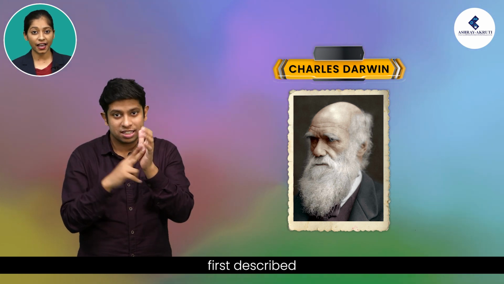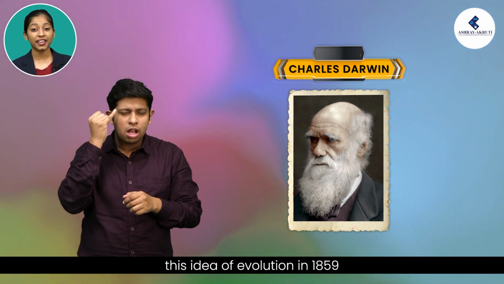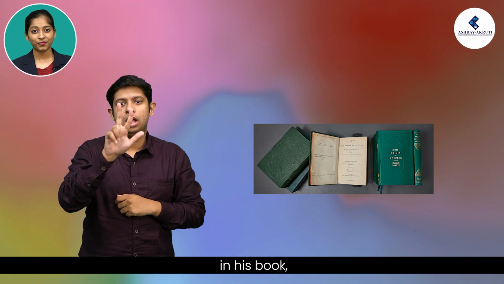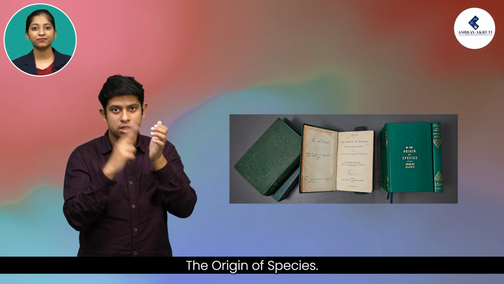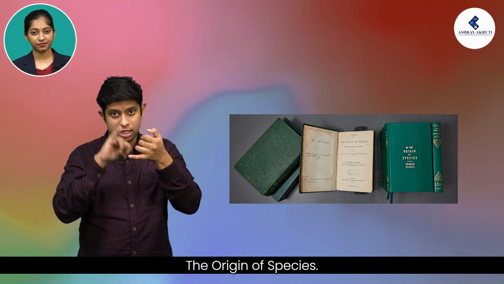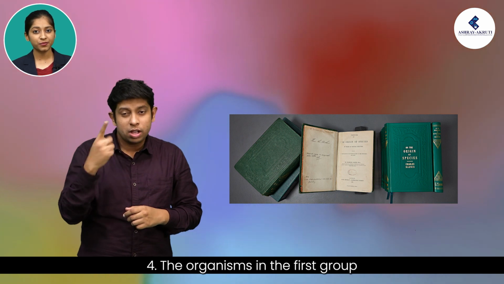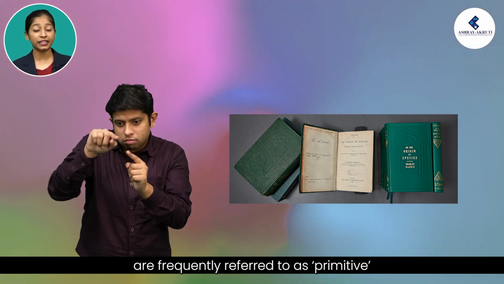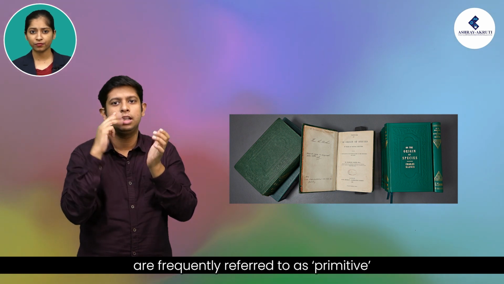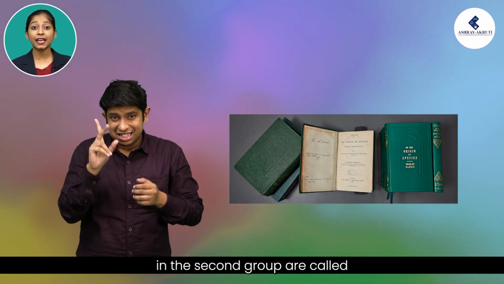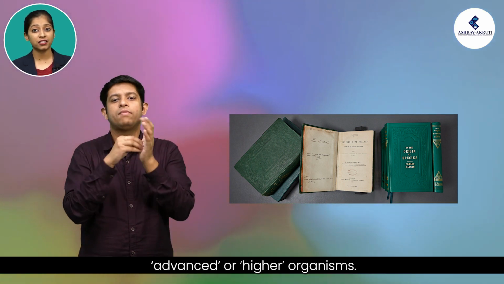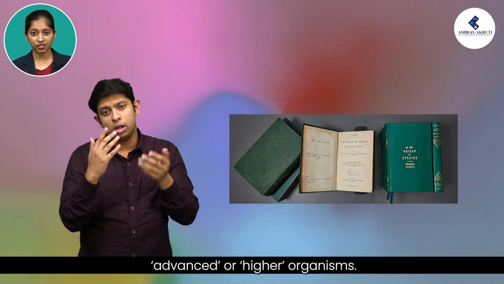Charles Darwin first described this idea of evolution in 1859 in his book, The Origin of Species. The organisms in the first group are frequently referred to as primitive or lower organisms, while those in the second group are called advanced or higher organisms.